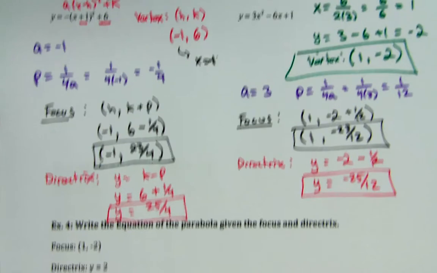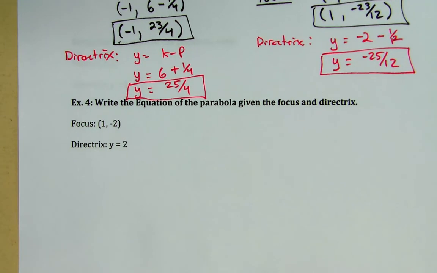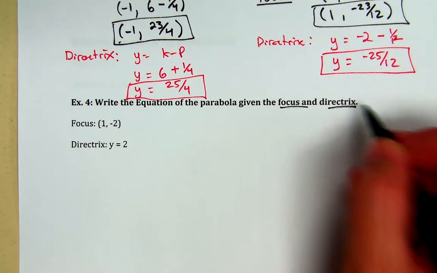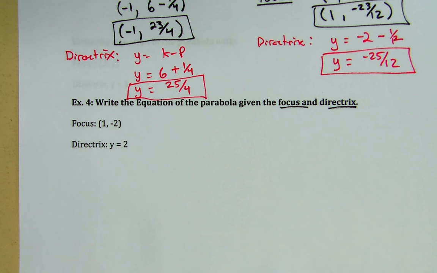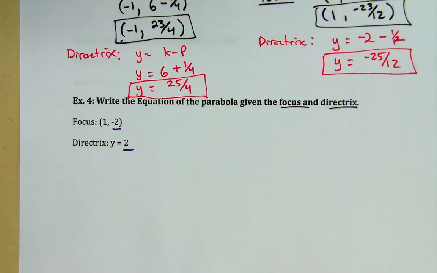Alright, how about writing the equation? If I have to write the equation given the focus and the directrix, first thing you're going to do is take the y values and find the midpoint.